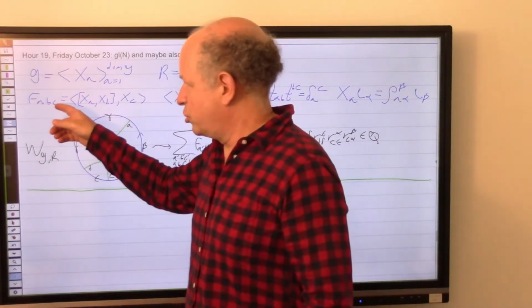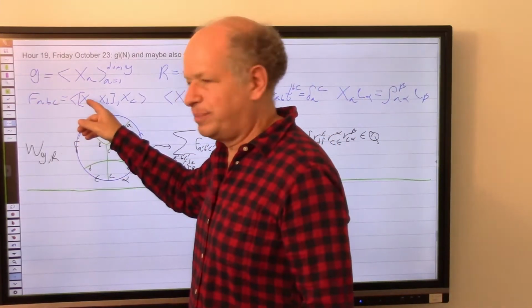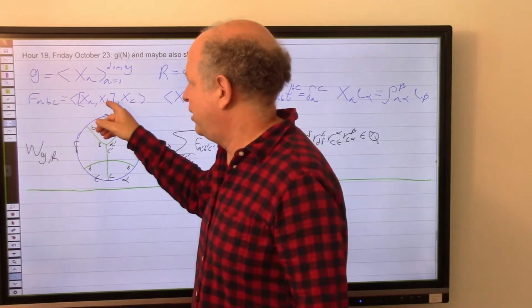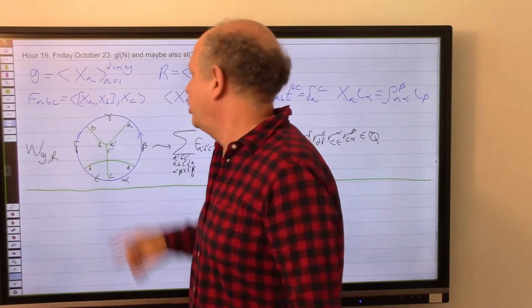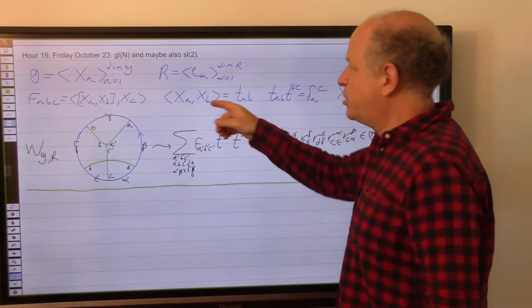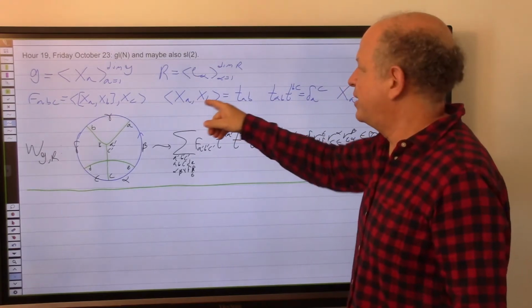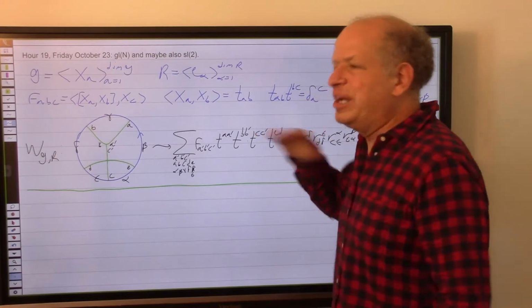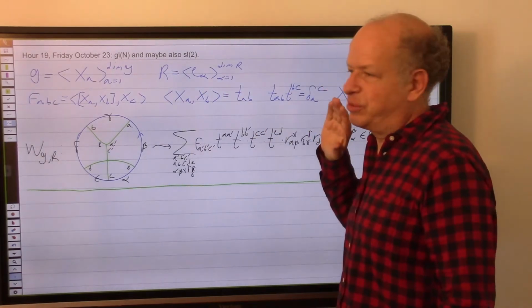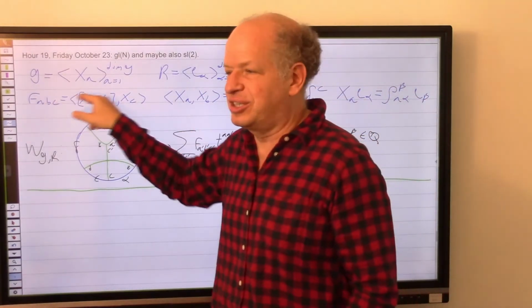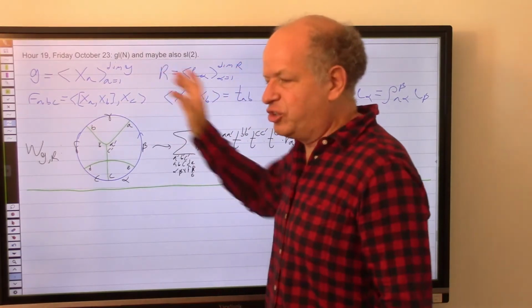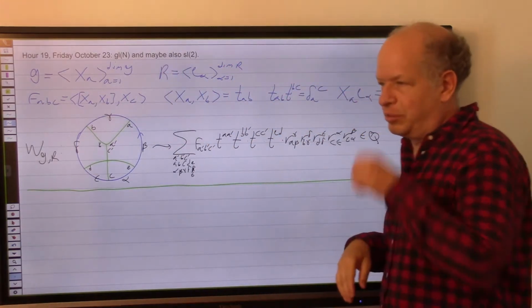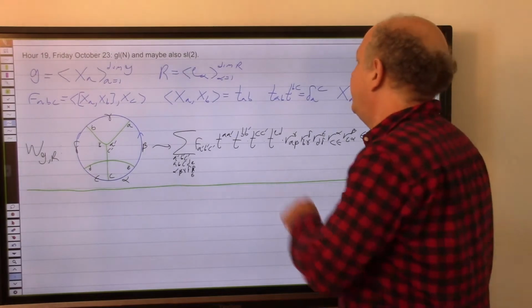So the structure constants, f_abc, which are the bracket of x_a and x_b, inner product x_c, and the metric, which is the inner product of x_a and x_b. These two tensors together completely determine the metrized Lie algebra.